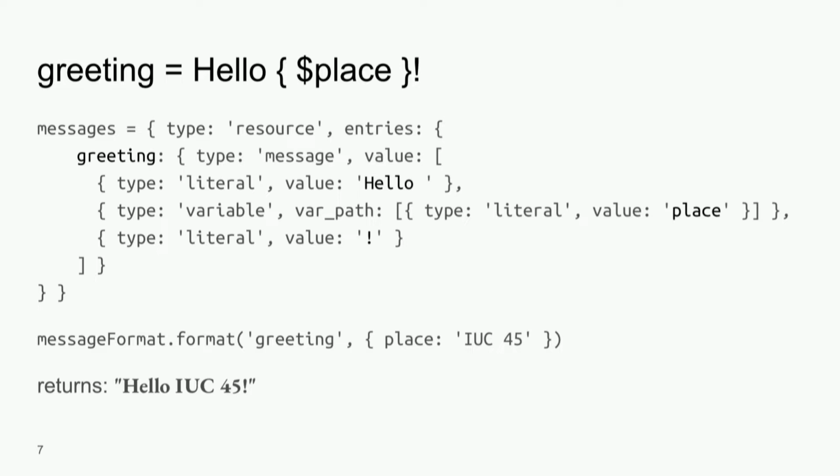So we take a file, or something like a file, that has this greeting in it, and we turn it into a representation that's this sequence of pattern elements, literals and variables in this case, that tell us how this should be formatted.